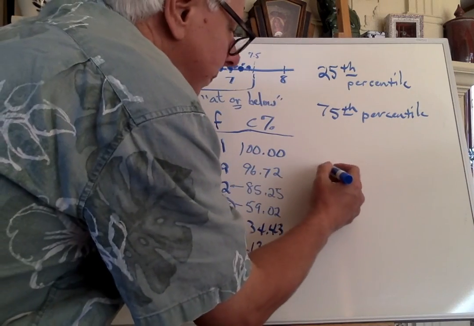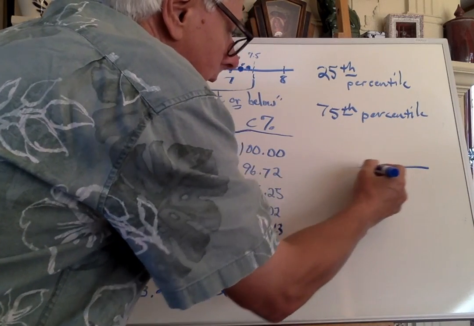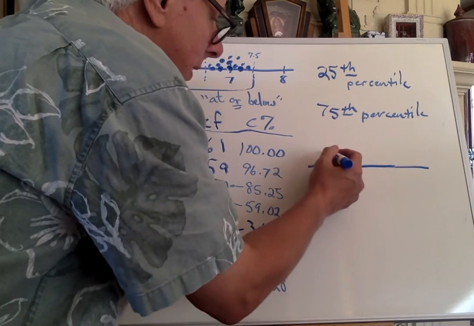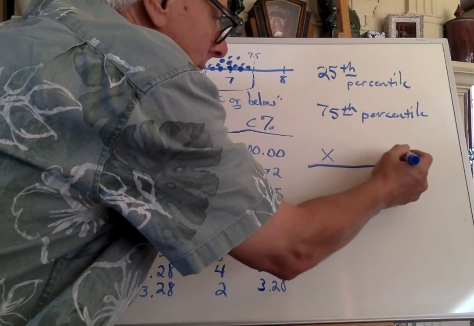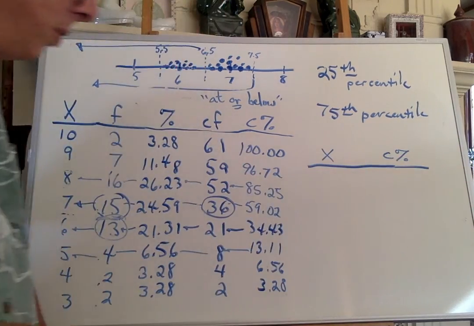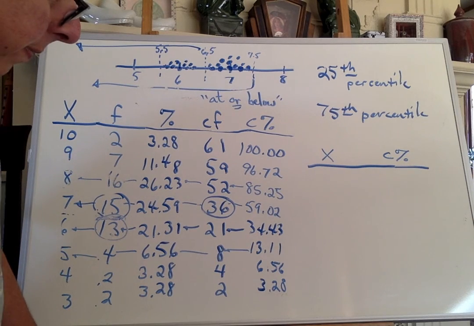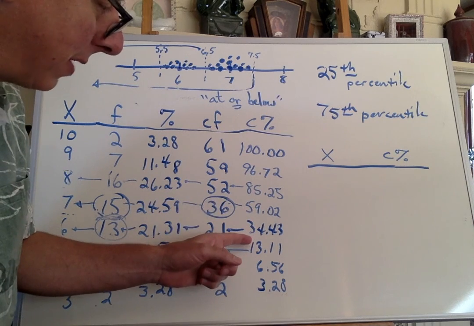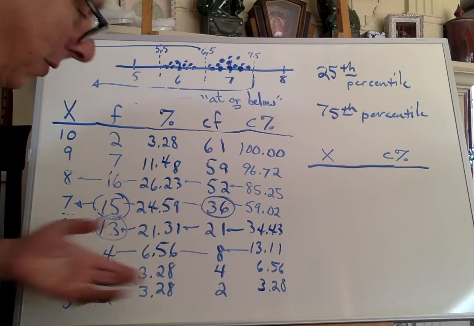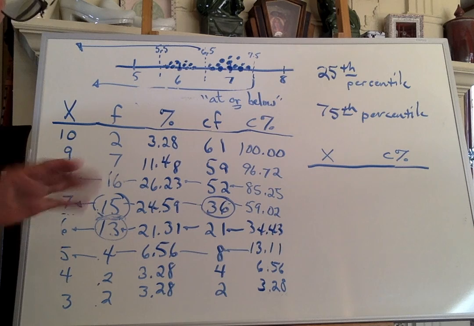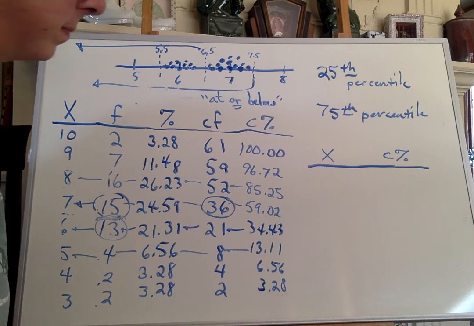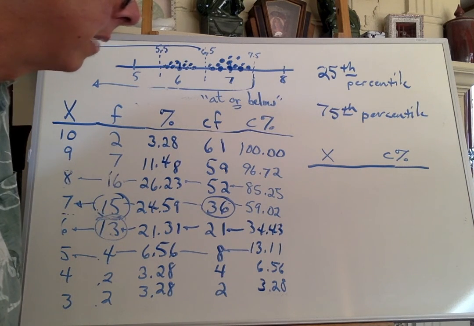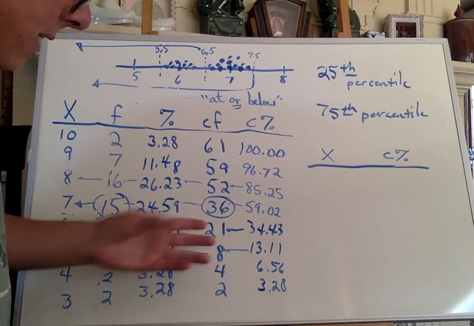Well, here we go. So let's do the 25th percentile first. Well, I know I want to get my x value, right? And here's my cumulative percentage. If, by the way, I saw 25.00, I would just go over and read the number and use the upper real limit and be done with it. I don't have 25 here.